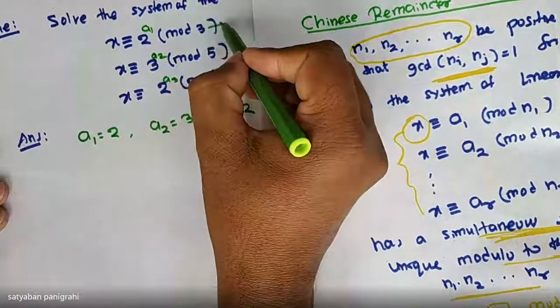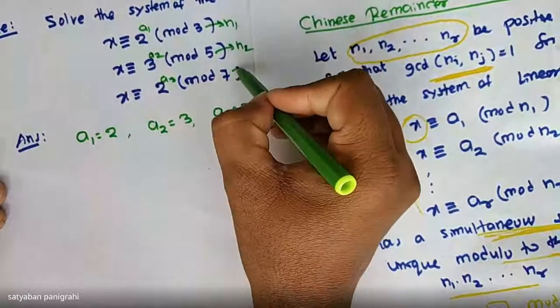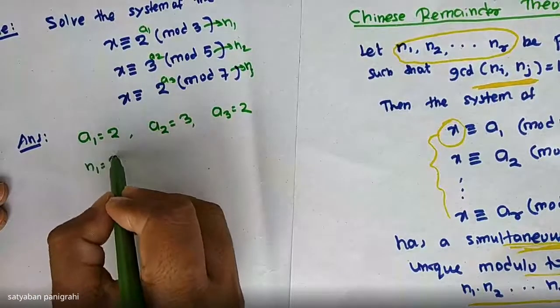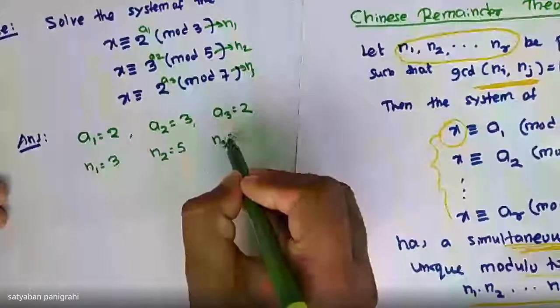Similarly, this is my n1 value, this is n2 value, and this is n3 value. So n1 equals 3, n2 equals 5, and n3 equals 7.